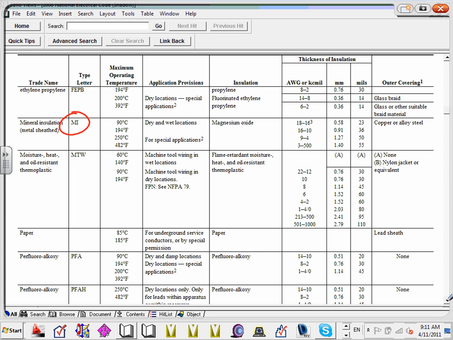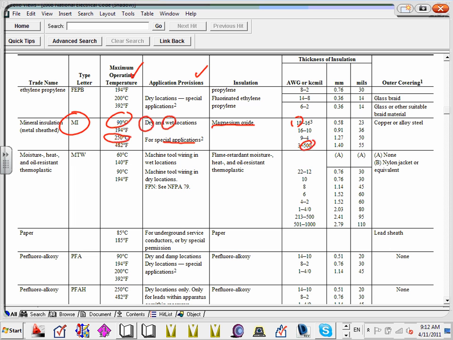It will give you a few things if you don't know. The operating temperature, the maximum, applications, dry. Mainly in this one, I can use it dry or I can use it wet, guys. It's rated for 90 degrees, and under special conditions, it's rated all the way up to 250 degrees. The insulation thickness, and the smallest and the largest size that you can buy it in, and a couple of other things. So please know how to use this table.